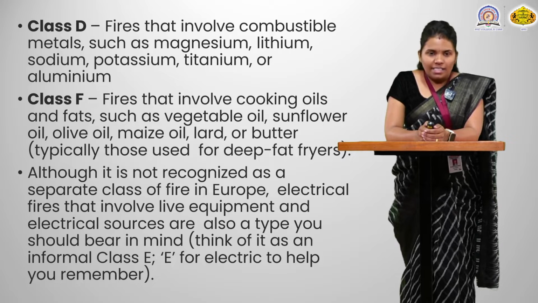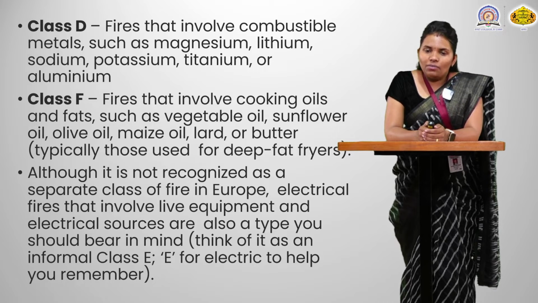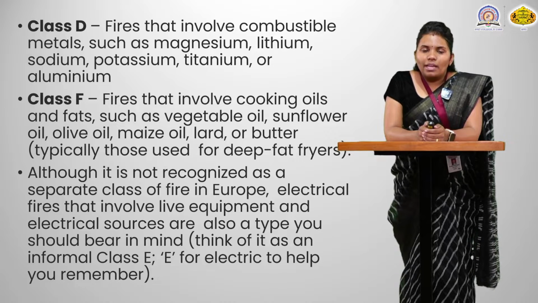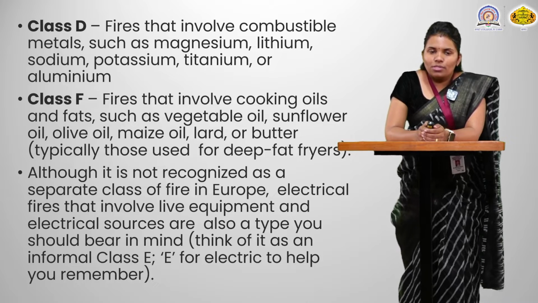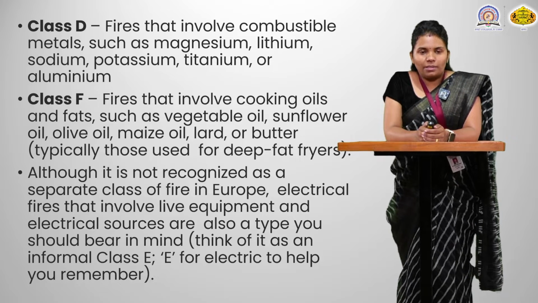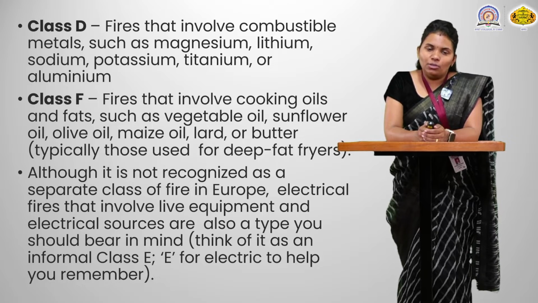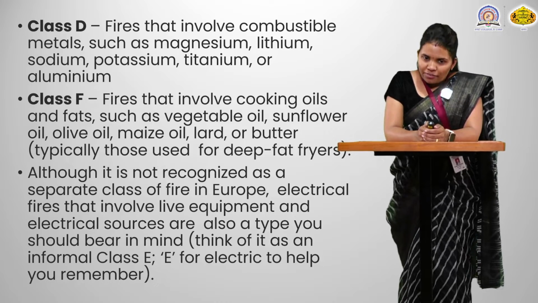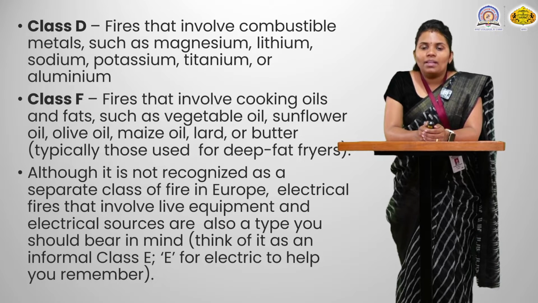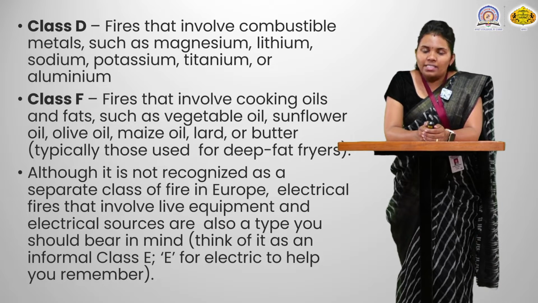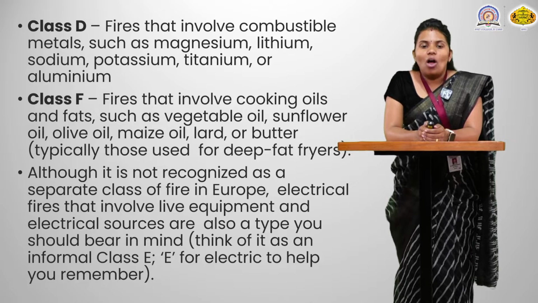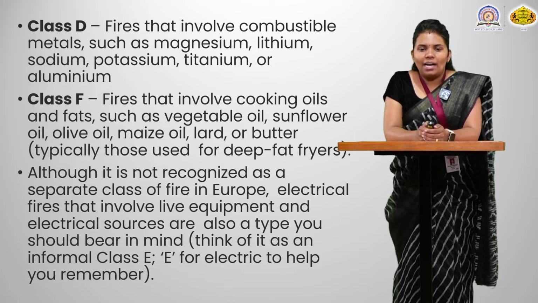The next is class D: fires that involve combustible metals such as magnesium, lithium, sodium, potassium, titanium or aluminum. You use sodium in your laboratory, so if any accident happens at that time, that fire is included in class D. Class F: fires that include cooking oils and fats such as vegetable oil, sunflower oil, olive oil, maize oil, lard or butter.